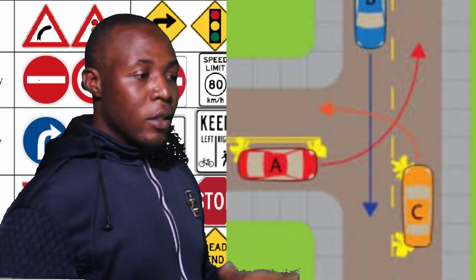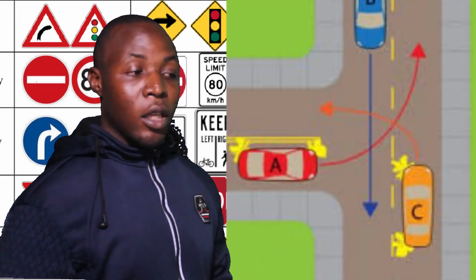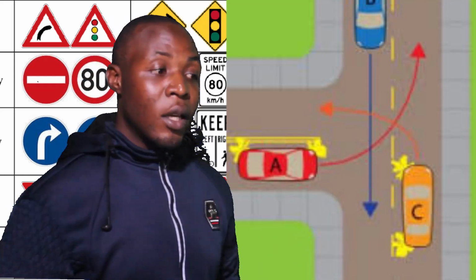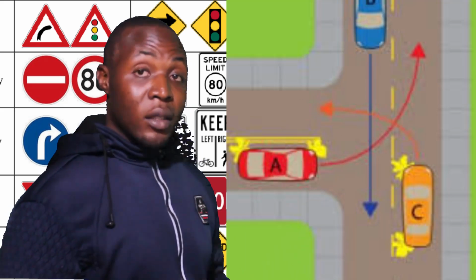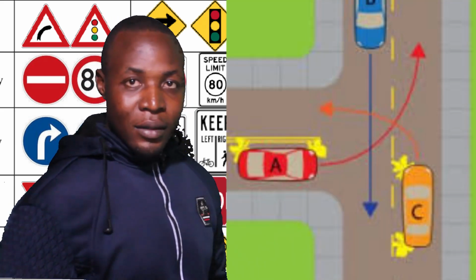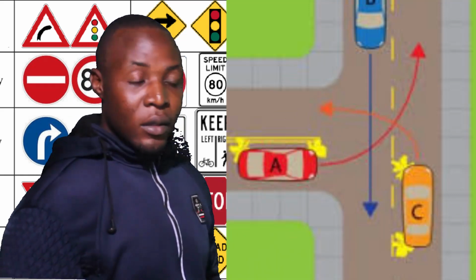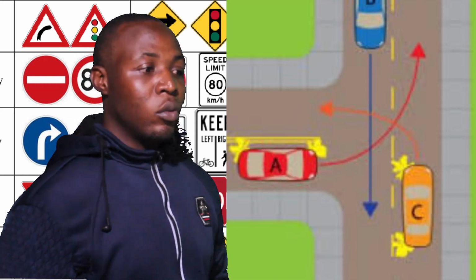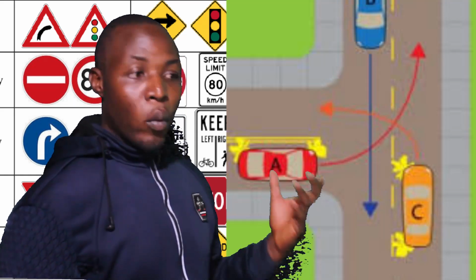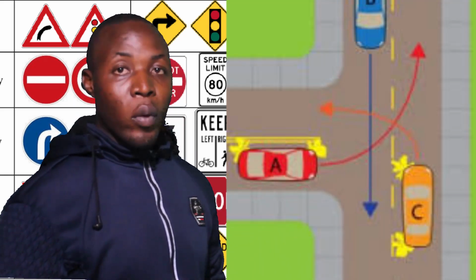So this is the structure. We have the blue, the red, the yellow. On this road, the blue vehicle has the right to pass first. The blue vehicle will pass first. Second, the yellow vehicle will pass, and third, the red vehicle will pass.